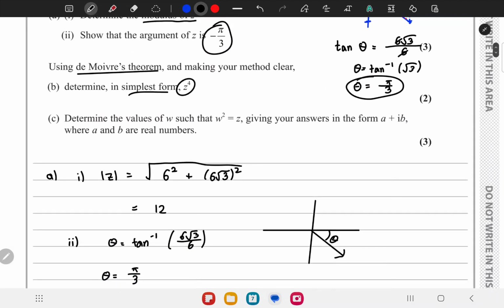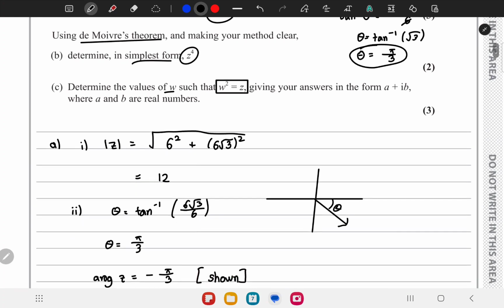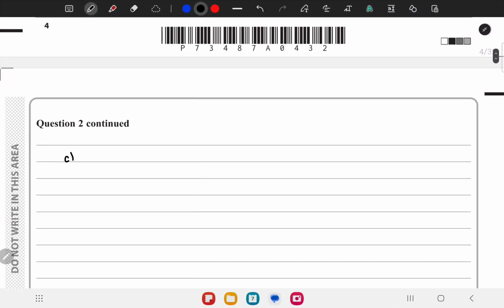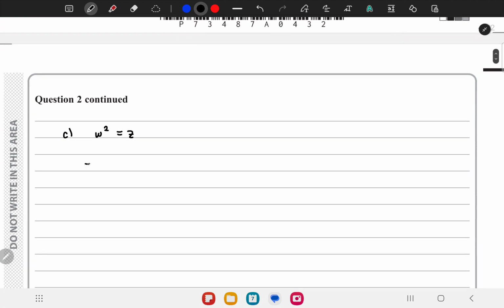Now moving on to part C, we have to determine the values of w such that w squared is equal to z. So we have w squared equal to z. So w would be plus or minus z to the power half, or basically root over z.